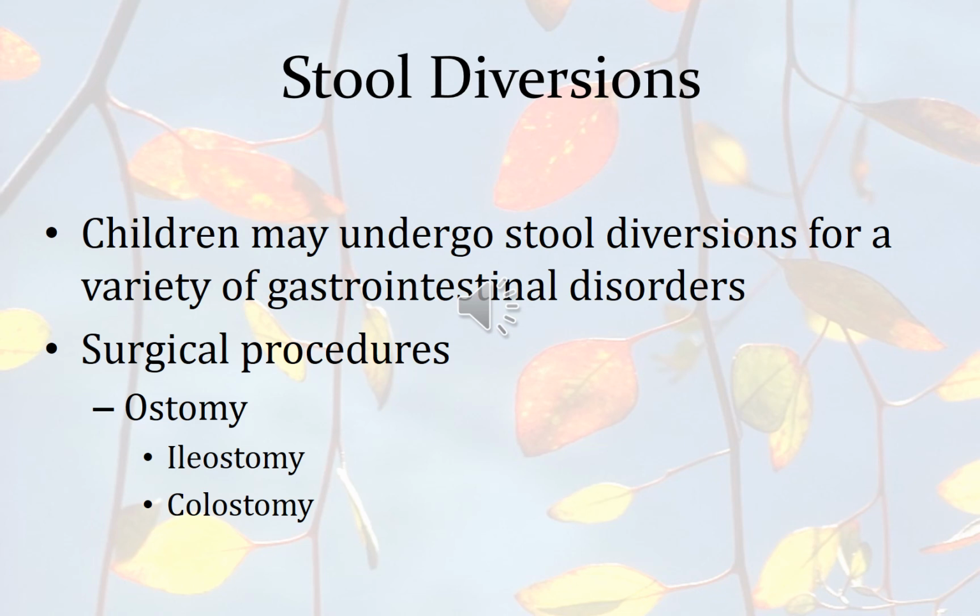They're both considered ostomies. We can create an ileostomy or a colostomy. It's done during a surgical procedure in which we bring a portion of the small or large intestine to the surface of the abdomen. Again, our most common diagnoses we have to create stool diversions for are gastroschisis, bowel obstructions, and short gut.